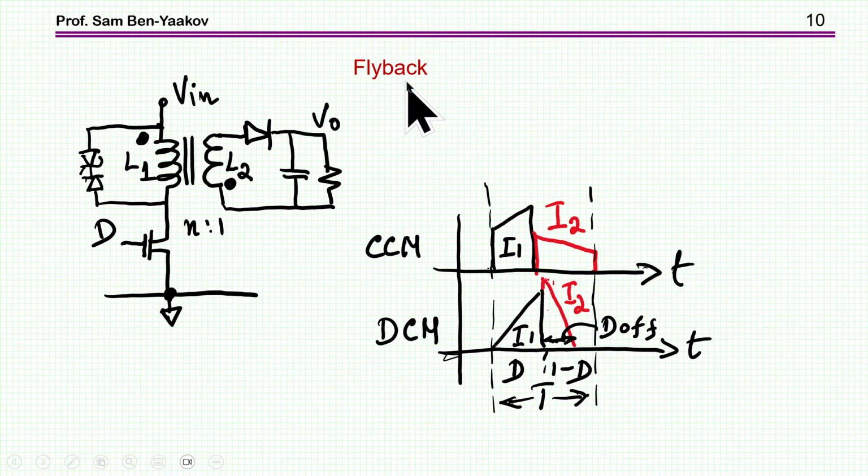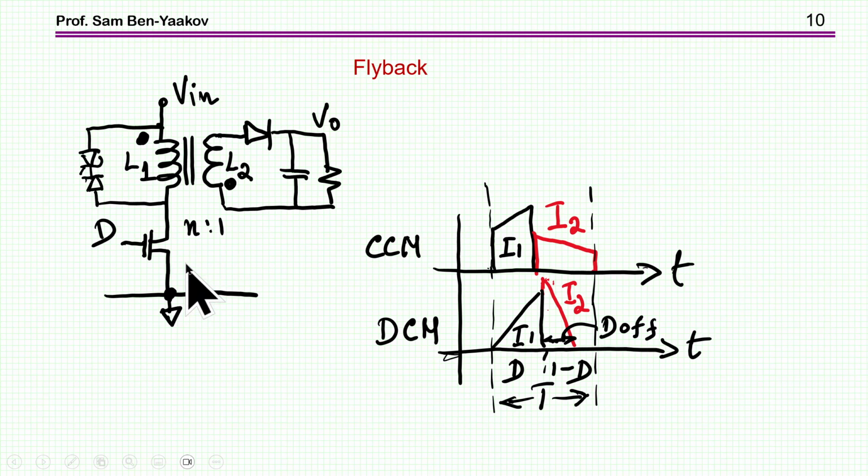On the other hand, in the flyback, the DCM is really one of the operational modes. You may prefer to work in DCM. So this is just the operational mode by itself, not just a limiting case of regular operation. So I'm going to talk first of all about the continuous current mode and then the discontinuous current mode.